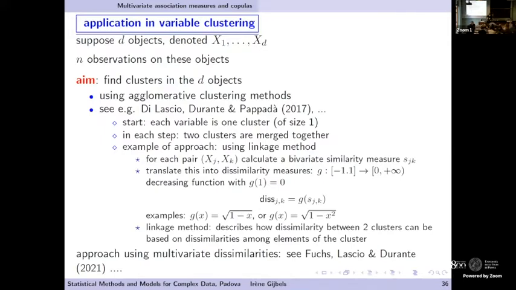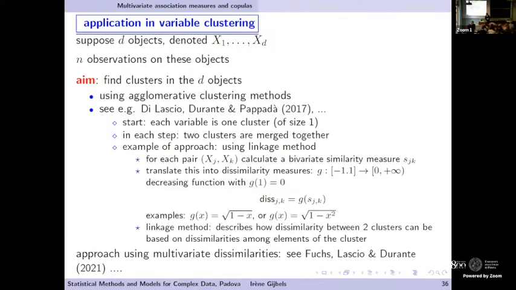You want to cluster variables, right? Think of X1 to Xd as d objects for which you have n observations, and you want to cluster these variables. You start by putting each variable in one cluster separately, and then you start merging variables into a cluster. How are you doing that?